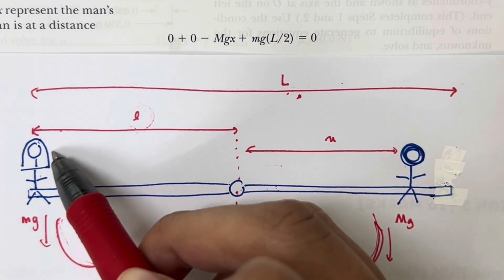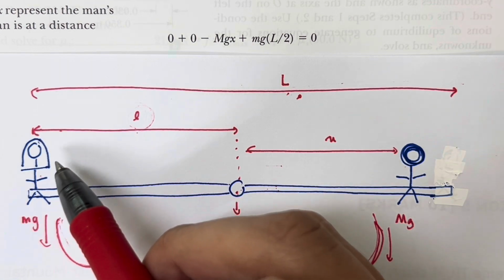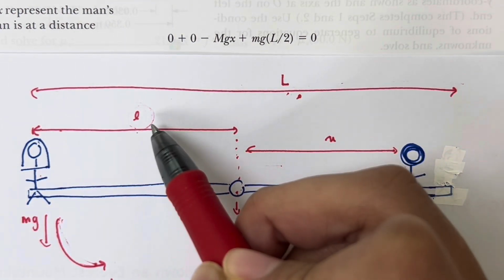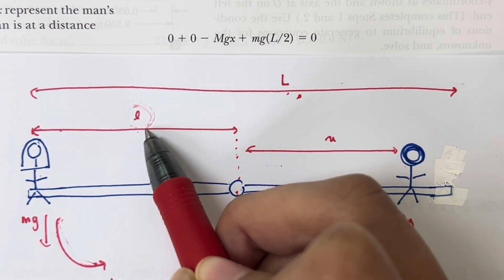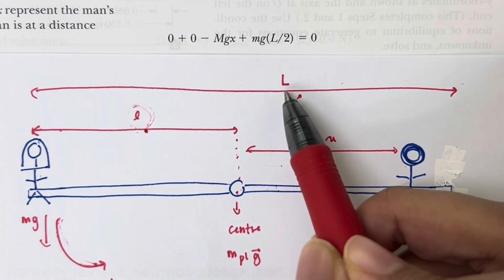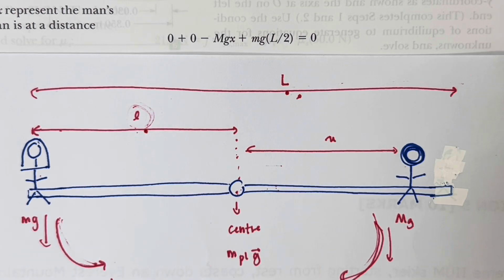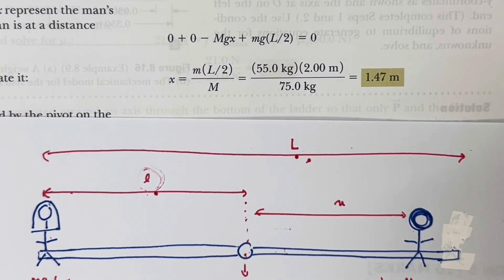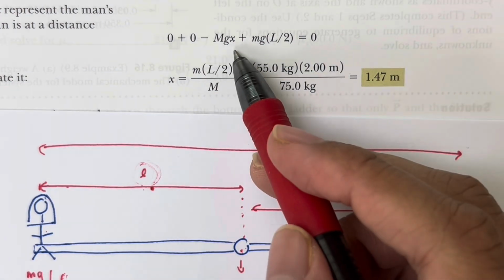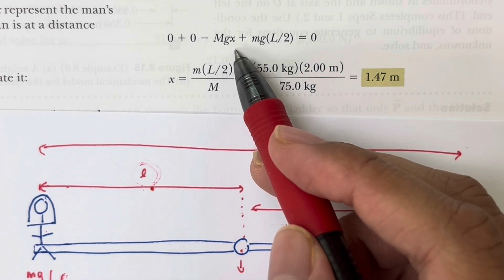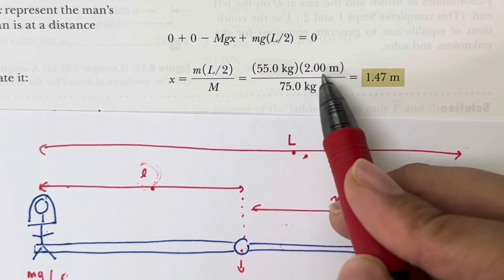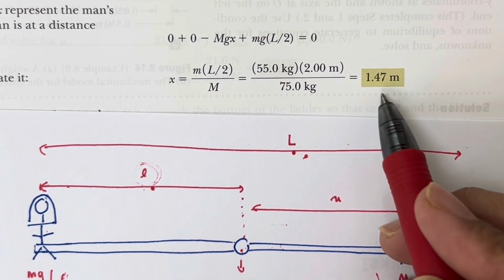Because the displacement of the woman from the center, denoted as the little l, is half of the capital L. That's why L divided by 2 for the displacement here. So up to here, you can make x the subject, and then you can substitute all the information given and calculate x.